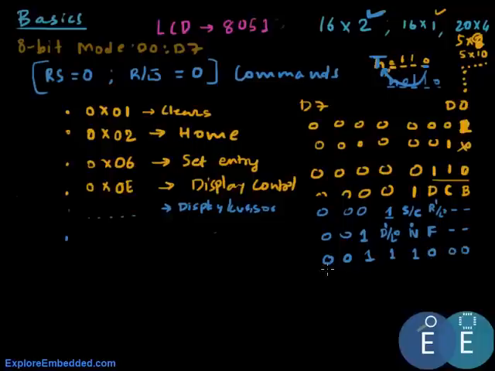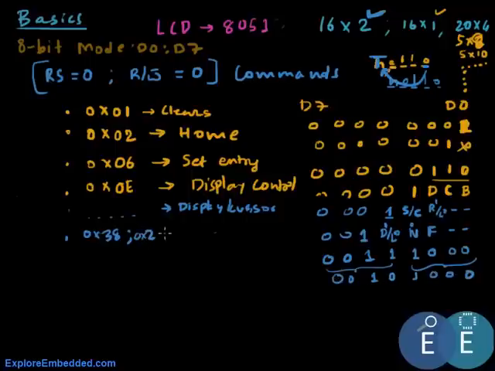So this would be 0x38 for the 8-bit mode, and we'll also be doing 4-bit mode. So for the 4-bit mode, this would be 0, this would be 1 again, so this would be 28. So this would be 0x28 for 4-bit mode. Okay, so let me just clear this up.